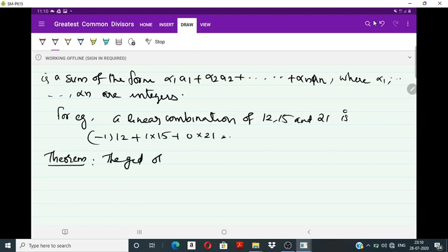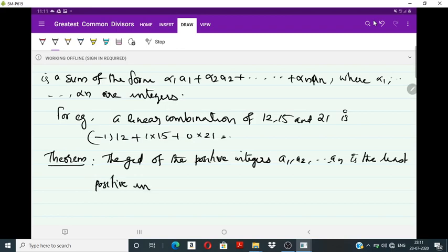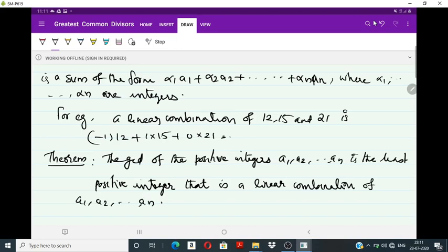The GCD of the positive integers a1, a2, etc. an is the least positive integer that is a linear combination of a1, a2, etc. an. This is actually theorem 3.9.